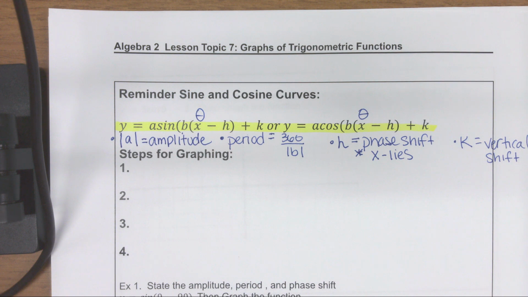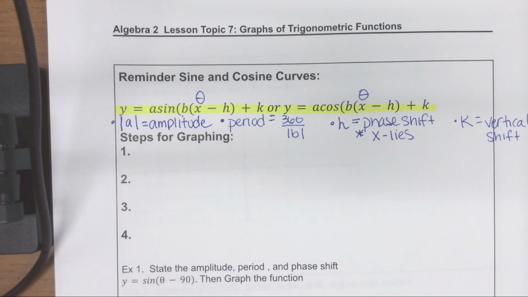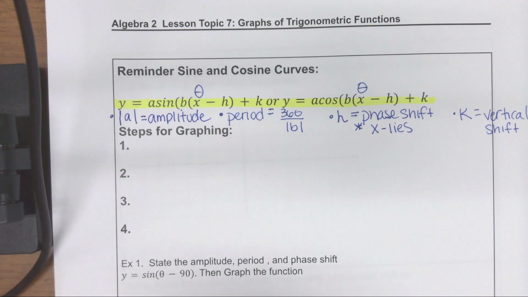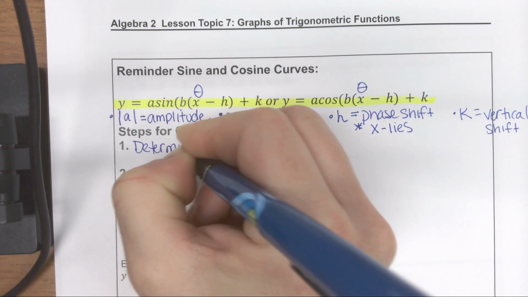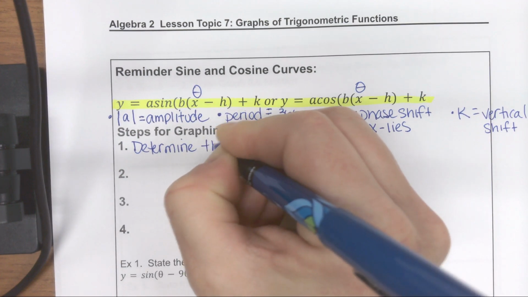Okay, so for today, when we're deciding our steps for graphing, because like I said, we have a lot of things maybe going on, our step one is we are going to determine the vertical shift.